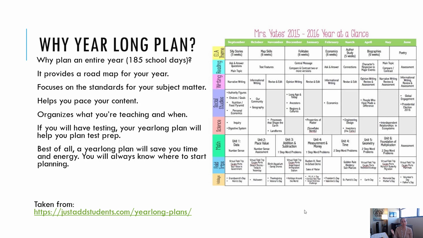So a year-long plan keeps you on pace. If you do have testing, again, it just depends on the county you're in. Some counties do benchmark testing, so that might be every quarter or every 9 weeks. And then of course, if you're in grades 3 through high school, you're going to have end of year testing, end of course testing. So it helps keep you on track so your students are ready for those tests.